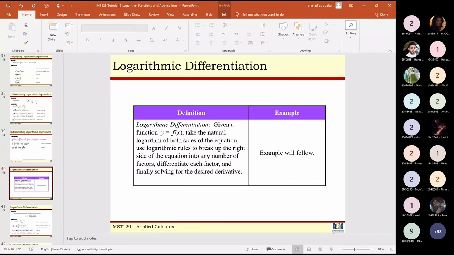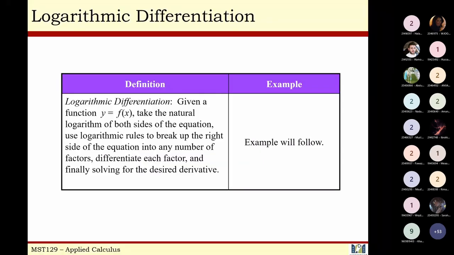This is logarithmic differentiation. This is a method to find the derivative. For example, if we have f of x equal e to the power x multiplied by (x minus x squared) all to the power 3, over radical x multiply (x minus 1) to the power 2, like this.